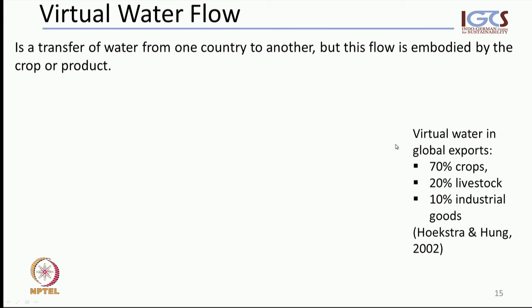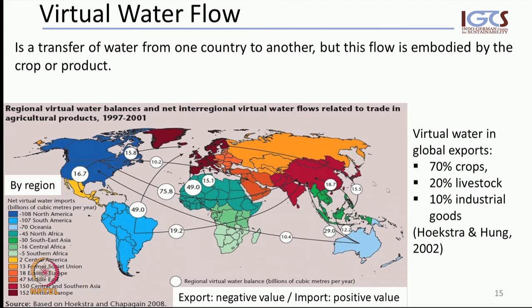And because most of our virtual water is incorporated in crops, 70% globally, 20% in livestock, and the rest in industrial goods, we will be looking at a figure showing us the regional virtual water balance by region for crop trade, for agricultural product trade.